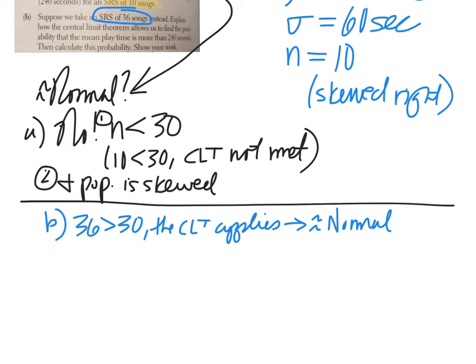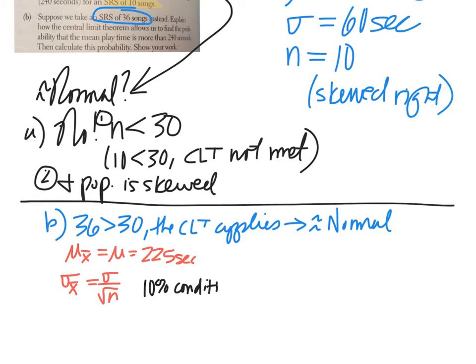Before I can actually do that, I need to find the mean and the standard deviation of this particular sampling distribution. So the mean is going to be the same thing as the population mean, but for the standard deviation, I have to use this formula if the 10% condition applies. So let's think through that. We have 36 songs.